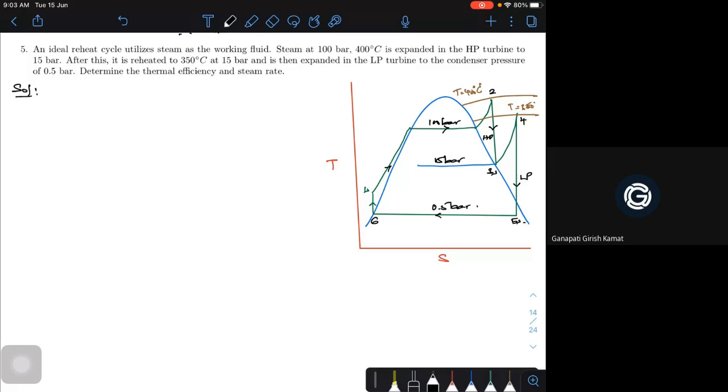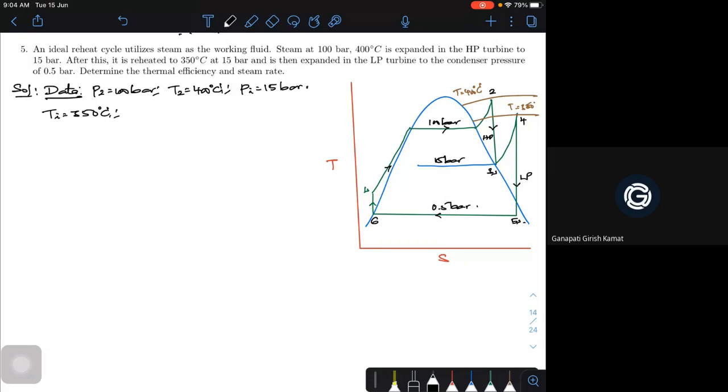Now the TS diagram we have put, and the rest, let's try to write the data. What is the pressure corresponding to each point? P2 is equal to 100 bar, that is the high pressure turbine inlet, and the corresponding temperature is 400 degrees Celsius. Then the intermediate pressure, let me call that Pi, which is 15 bar, and the intermediate temperature is 350 degrees Celsius.